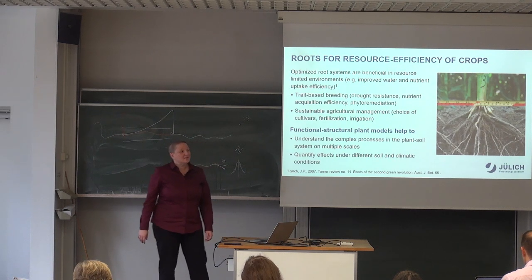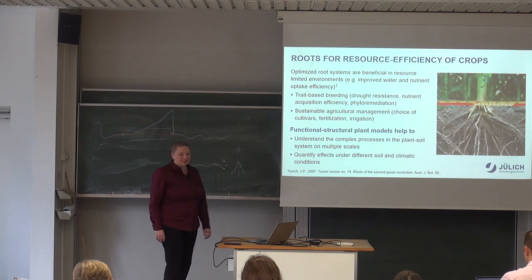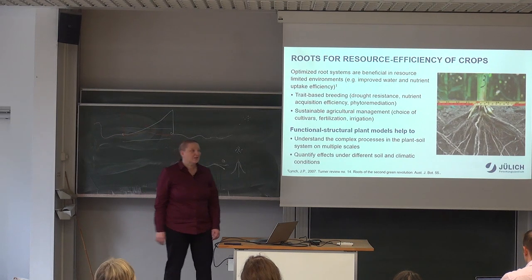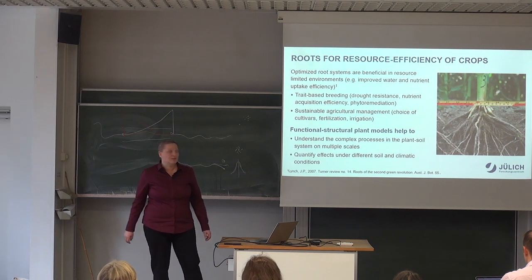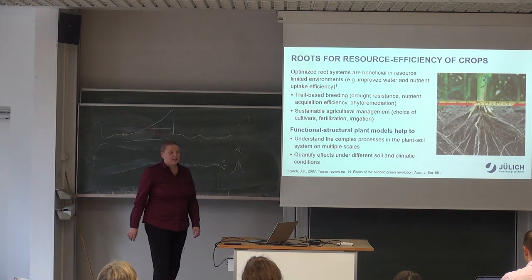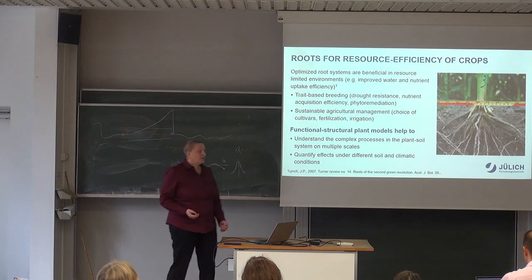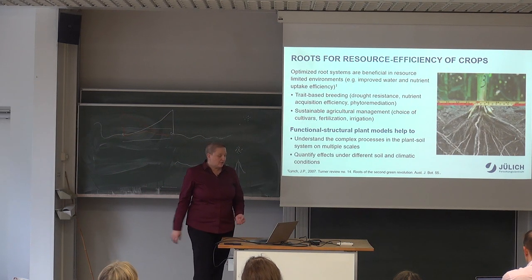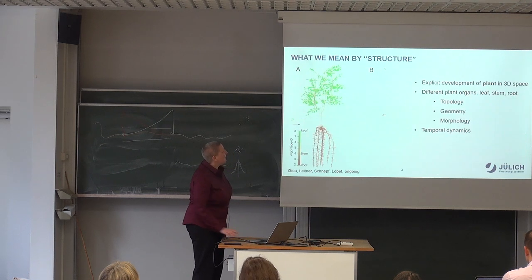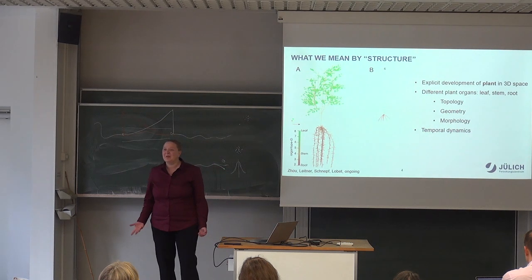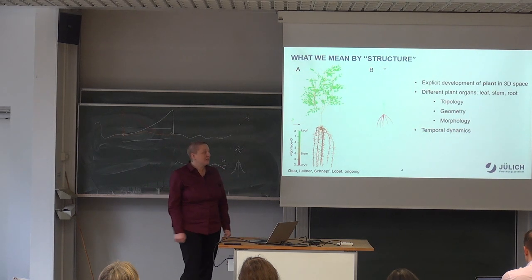And in this situation, functional structural plant models can help us, first of all, to understand the complex processes that occur in the plant-soil systems and on multiple scales, and also to quantify effects of different processes under different soil and climatic conditions. I would like to start now by telling what we mean by structure in the structural functional models.